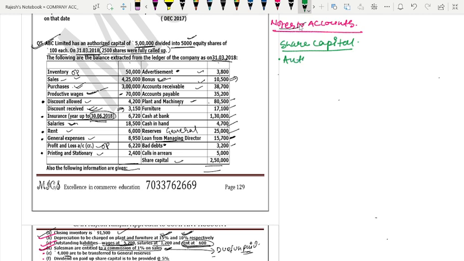Authorized capital: how much? 5,000 equity shares of rupees 100 each.